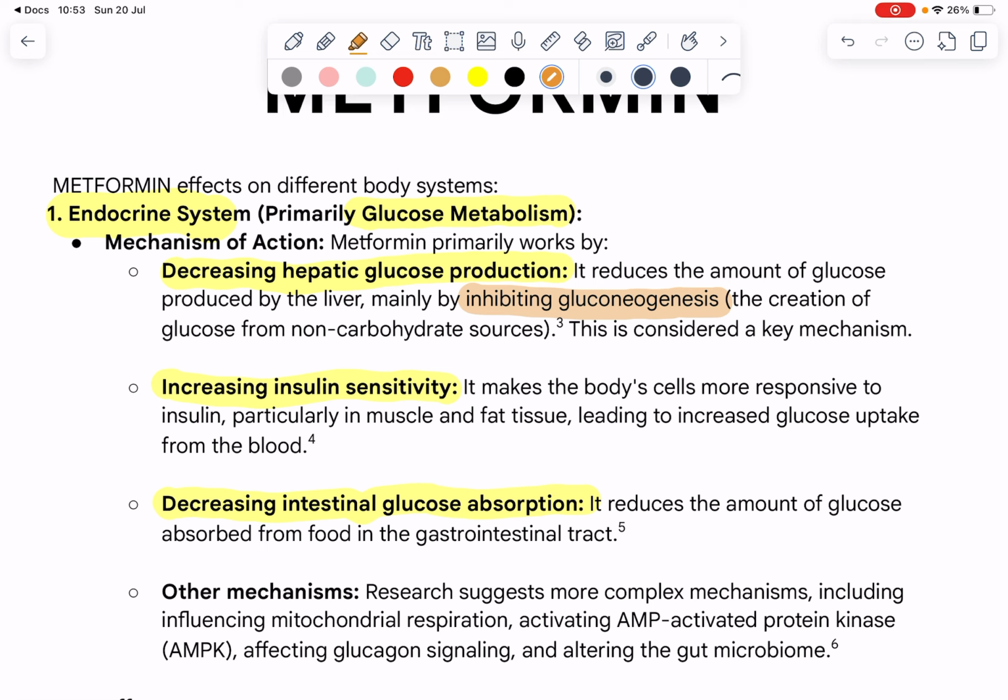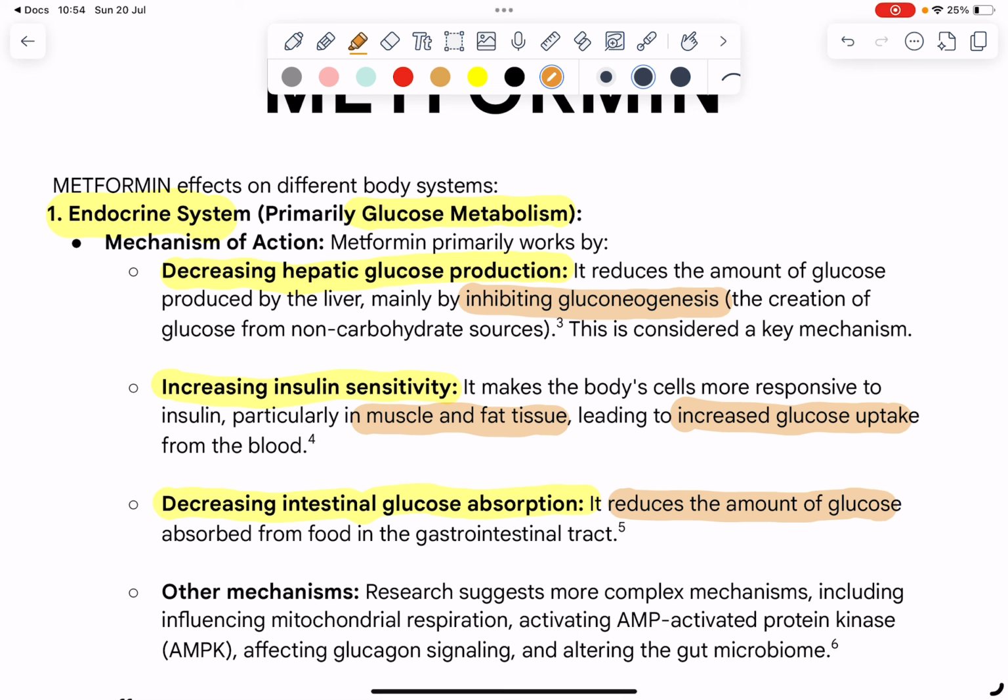On the other hand, metformin increases the insulin sensitivity in muscle and fat tissue. Thereby there will be increased glucose uptake from the blood into the muscle and the fatty tissues. And in the gastrointestinal tract, it reduces the absorption of glucose from the GIT.